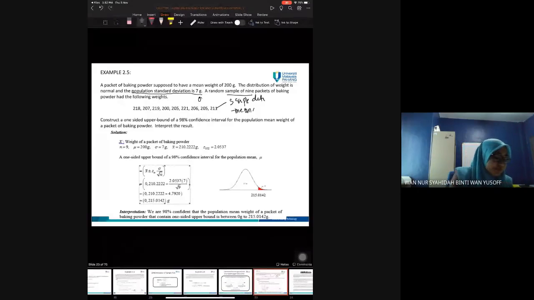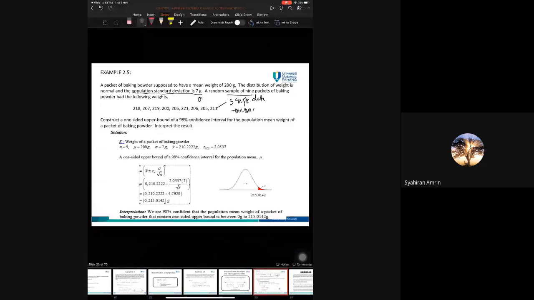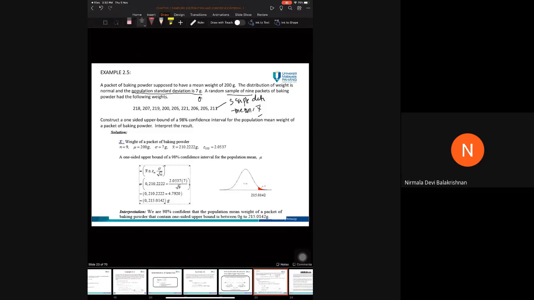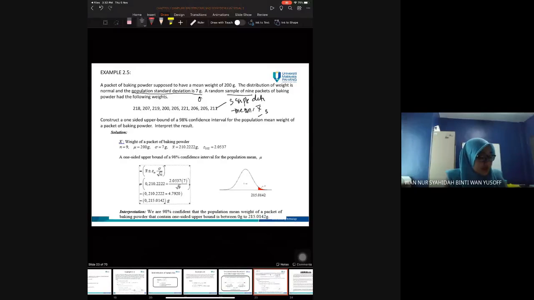It is x bar, not the x. If we calculate the standard deviation here, what notation do we use? S. Okay, S.